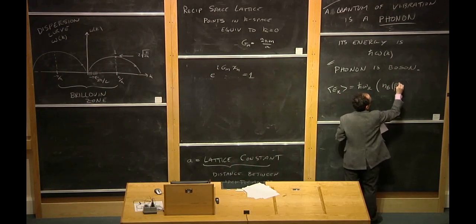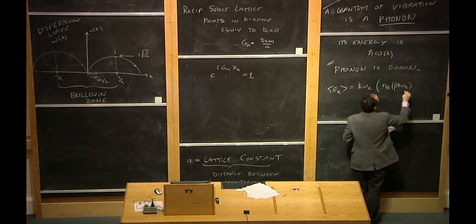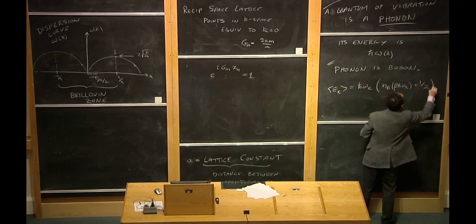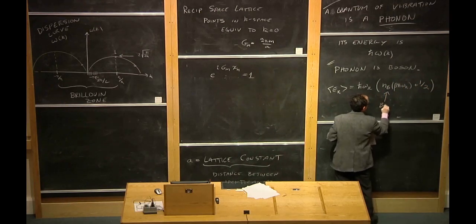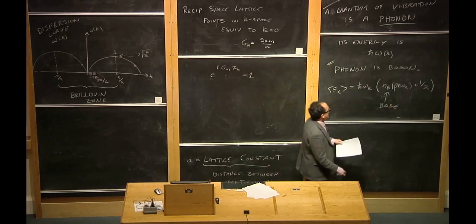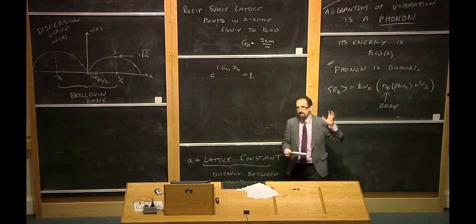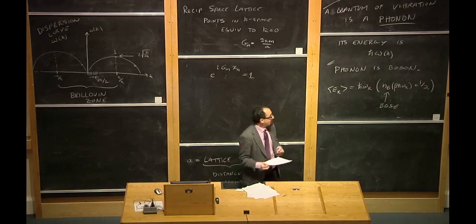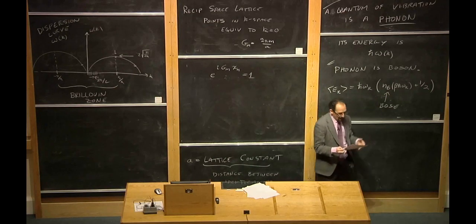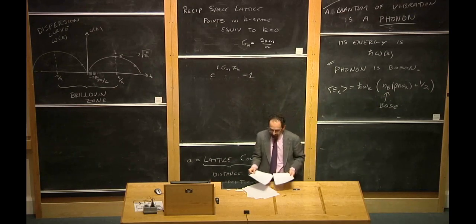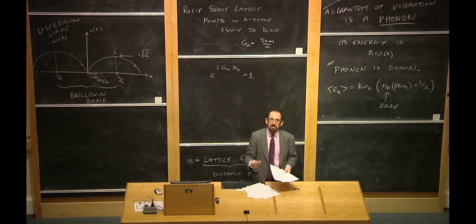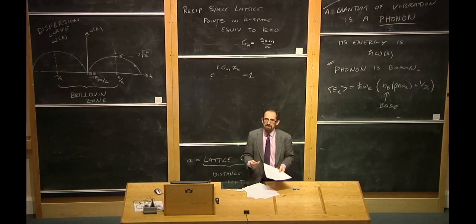There's another indication that we're talking about bosons here. The Bose factor tells you the expected number of phonons in the particular mode at a given temperature. Okay? Is everyone comfortable with this? It should look a lot like what you did with photons earlier.